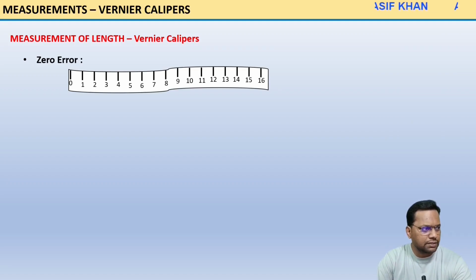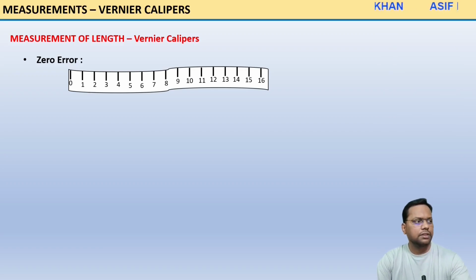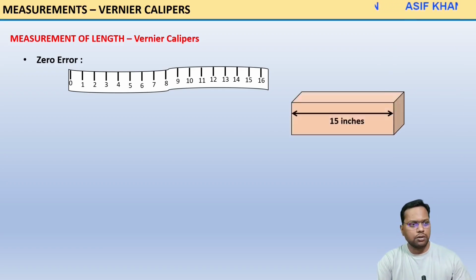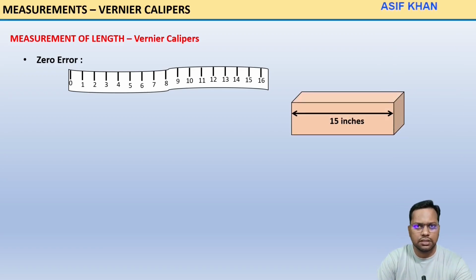Now, if we measure a box of length 15 inches using this tape, it will show exactly 15 inches because it starts with 0. There is no shift in the 0 of the measuring tape, and the measurement taken with this type of tape will be accurate.